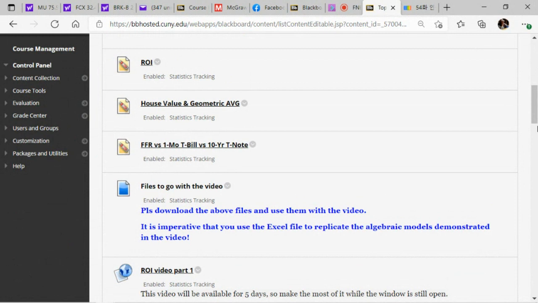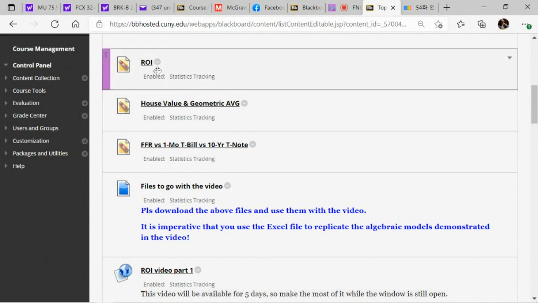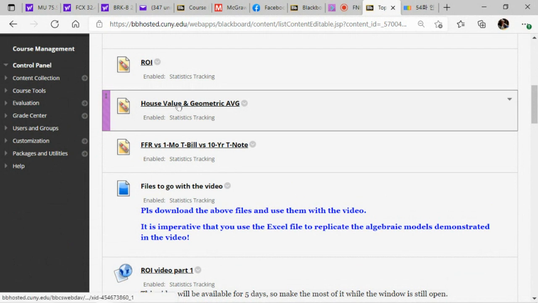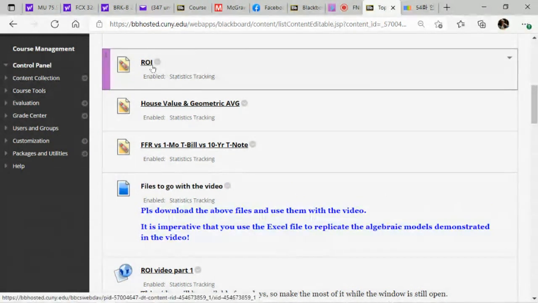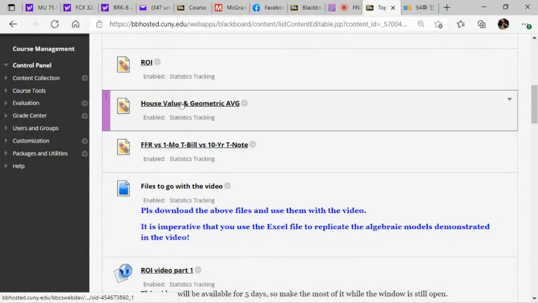You must have noticed some PowerPoint being used there. That's these, right? So you need to download these files and use them as we go on. Now, this is a PDF file, but it's the PDF version of the PowerPoint. The PowerPoint saved as a PDF file. This is the Excel file, and this is crucial.